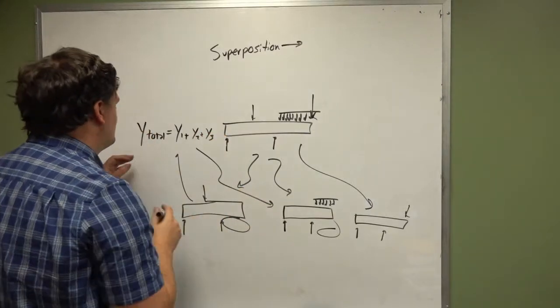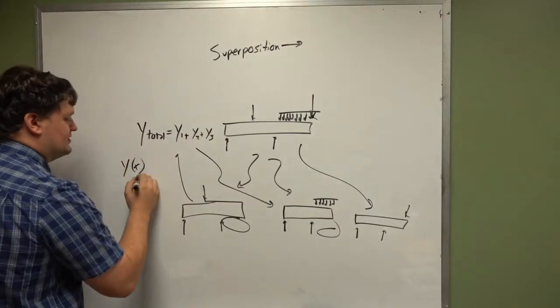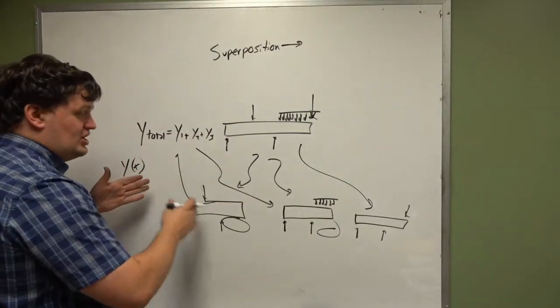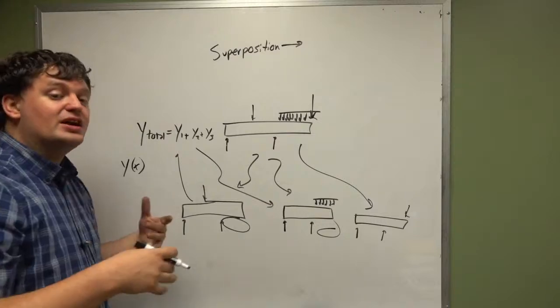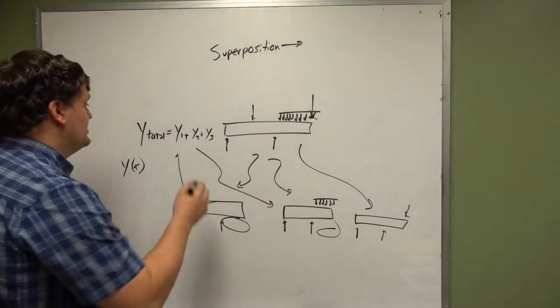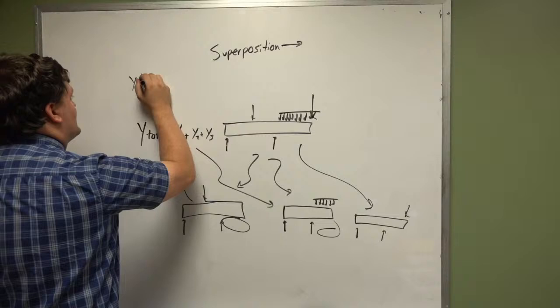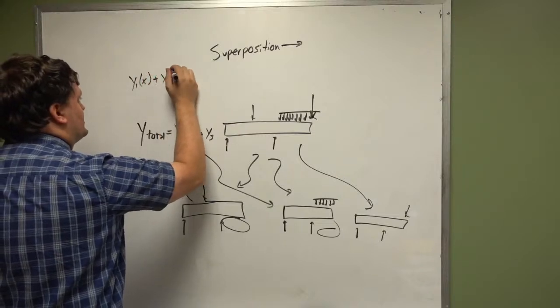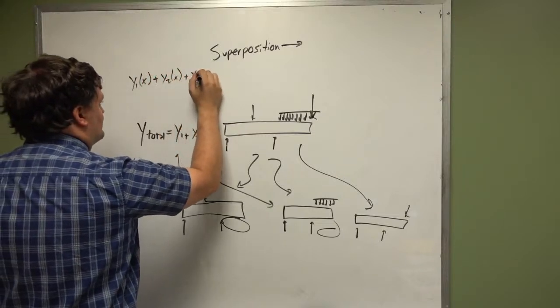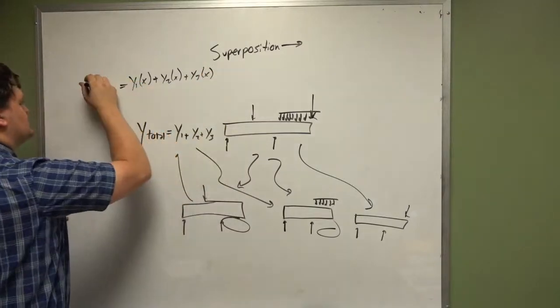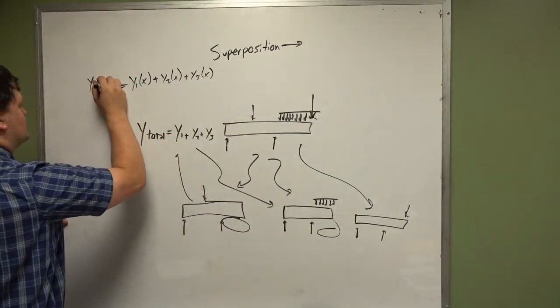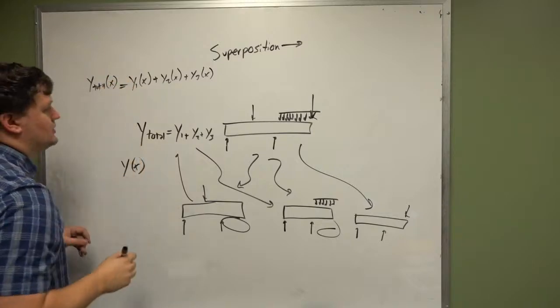And this is y total, where y is a function of x. So it changes. At every x location, y1(x) plus y2(x) plus y3(x) is equal to y total(x).